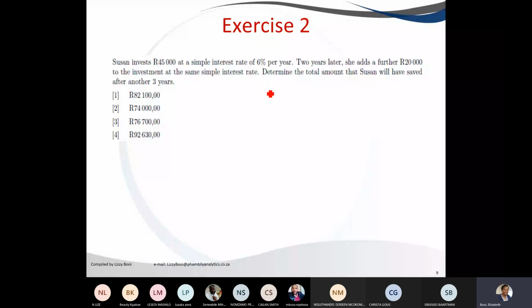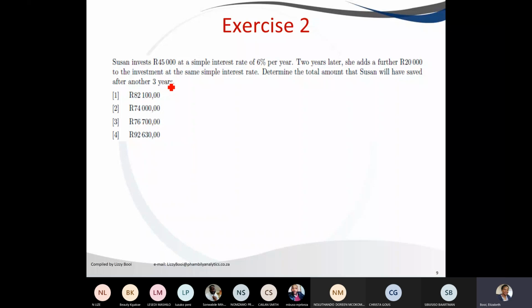So now, what will be the total amount that Susan has to receive? So after 2 years, she added another, but then after another 3 years, how much will that total be? So it means the first one, which is 45,000, will be for 5 years, because that is after another 3 years.